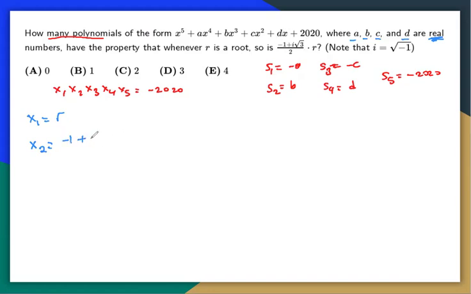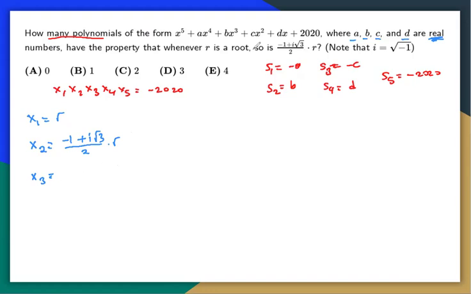So negative 1 plus i root 3 over 2 times r. If r is real, then this is complex, and if this is complex, we know the complex conjugate is also a solution. But since we do not know about r, maybe it is complex, and when you multiply this complex by this complex, maybe x2 becomes real, which we do not know.